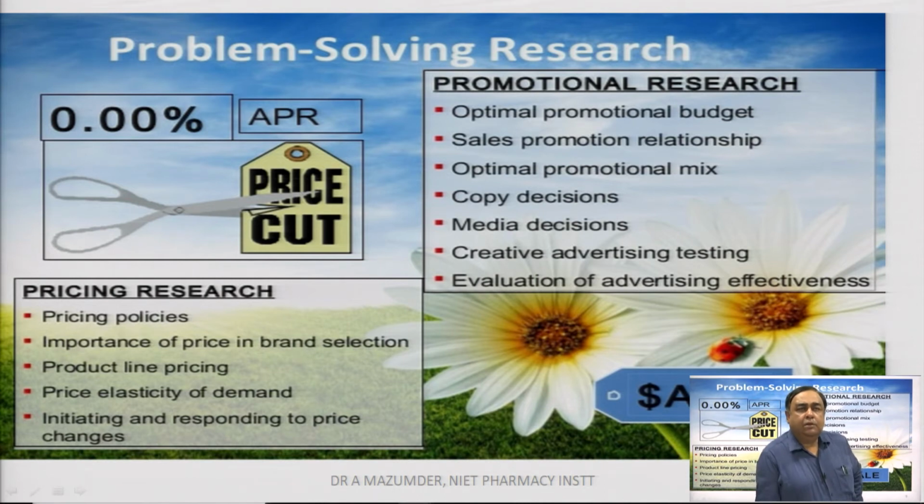Now, the third approach is the pricing research: product, price, place, promotion. Here we have to see whether the policies for pricing were correct or not, importance of price in brand selection, product line pricing, price elasticity of demand.